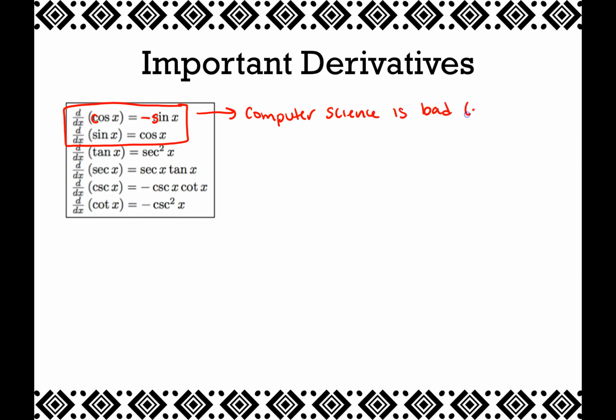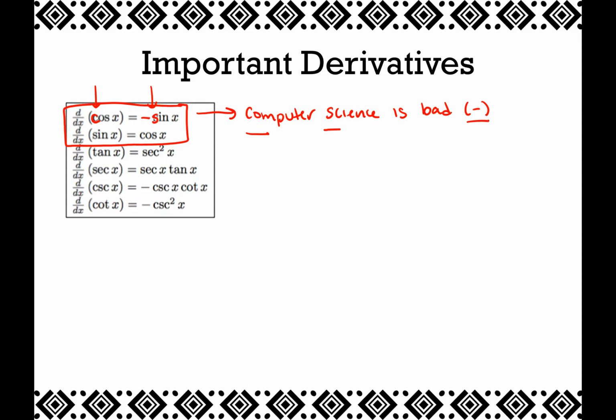Bad meaning negative, or maybe it's boring or it's hard, or something negative. So when you take the derivative of cosine, you get a negative sine. So think of that as when you're taking the derivative of computer, you get science and it's negative.